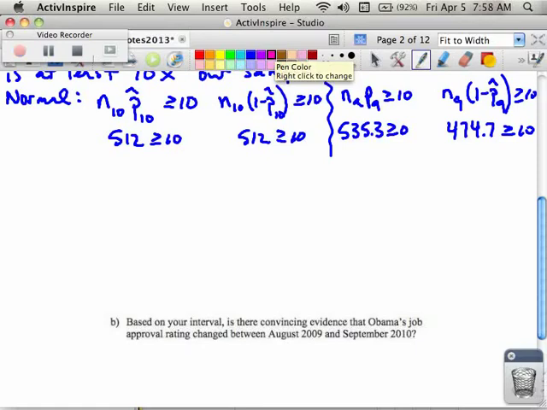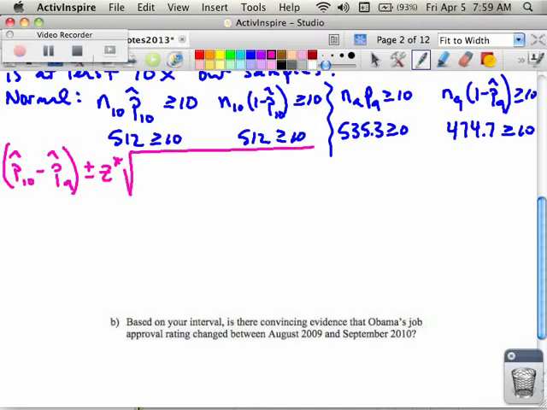So based on our formula, we're going to take our ending number, because when you talk about change, you usually take the second thing minus the first thing to see what the change was. So we're going to take p hat of 10 minus p hat of 9, and we're going to go plus or minus our z times the square root of, it's a big long thing, p hat of 10 times 1 minus p hat of 10, all over our sample size of 10, plus, and then do the same thing for the 9.